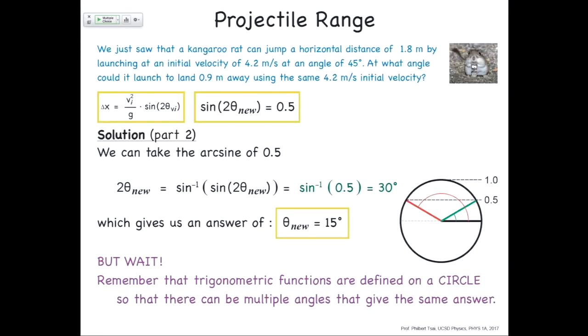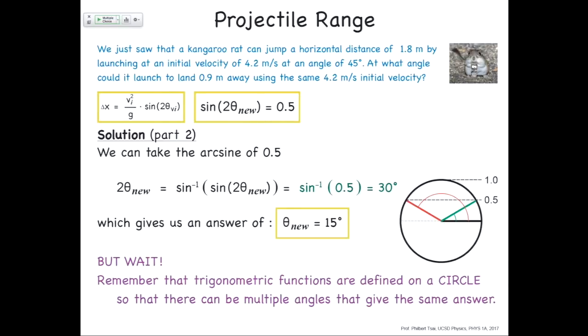Remember that trigonometric functions are defined on a circle. So there are 2 angles where sine of theta is positive 0.5. This angle right here, sine of theta is just the rise, and that's 0.5. The run is, I think, positive 0.866.